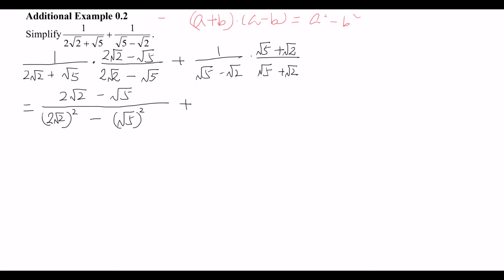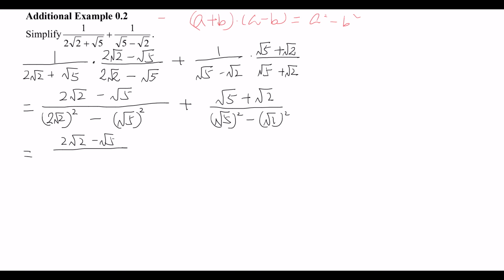And then the same for the second one. 1 times this number is the same number, square root 5 plus square root 2. And when we multiply the two denominators together, we have the square of square root 5 minus the square of square root 2.